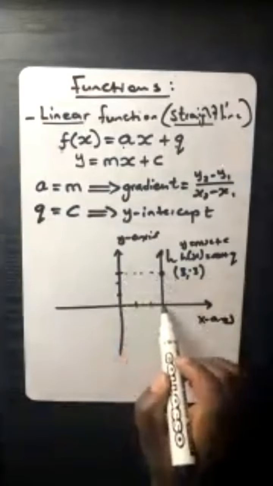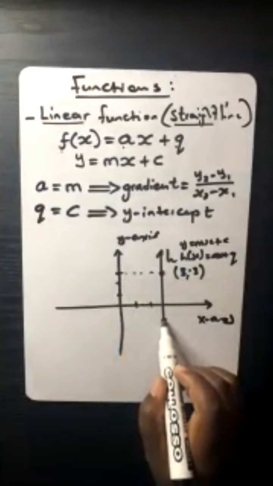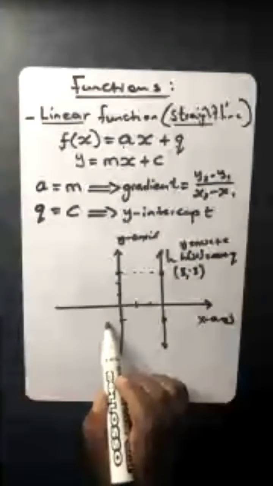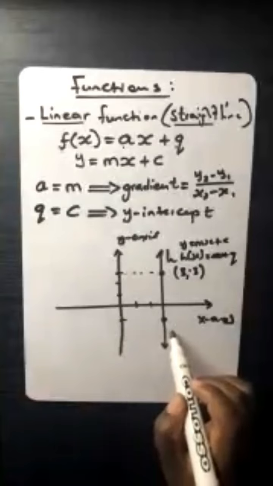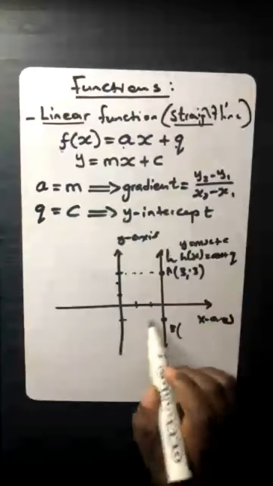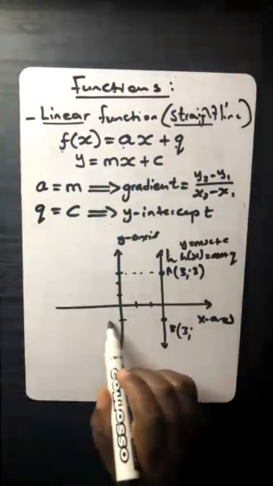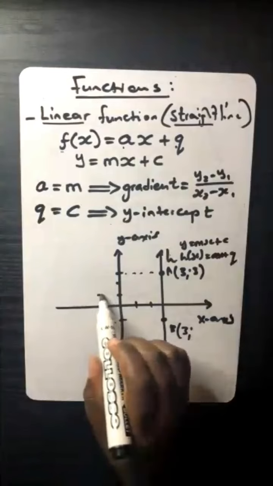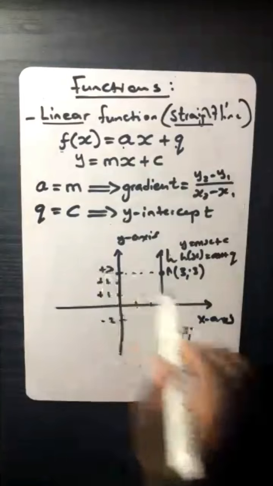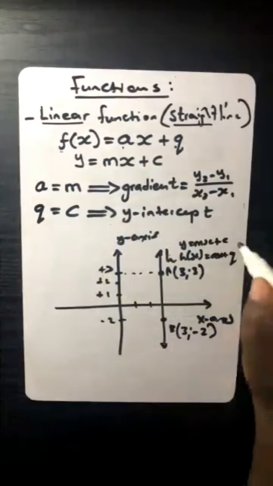Remember, the corresponding y value versus the corresponding x value. And then let's now talk about that one over there and say maybe this is a negative 1. So that means this is point number A, this is point number B, where the x value is still 3, but the y value is negative, let's say negative 2.